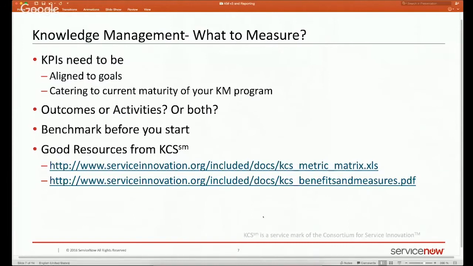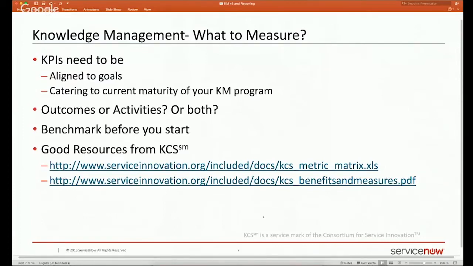Early on, you are more likely to measure some tactical things like how many articles are getting created because your knowledge base is practically empty, rather than at a later stage where you are looking for the reuse of the articles and the effectiveness of the articles, and as you mature more, you are looking for more business benefits. So it depends upon where you are with the program.